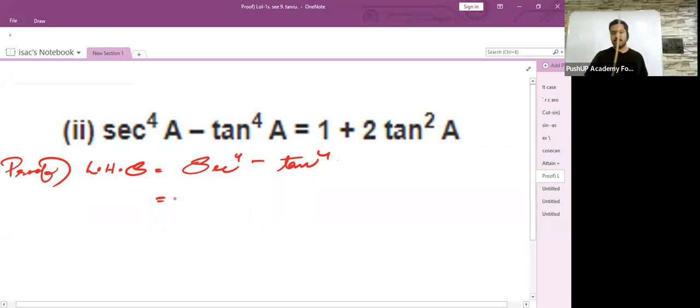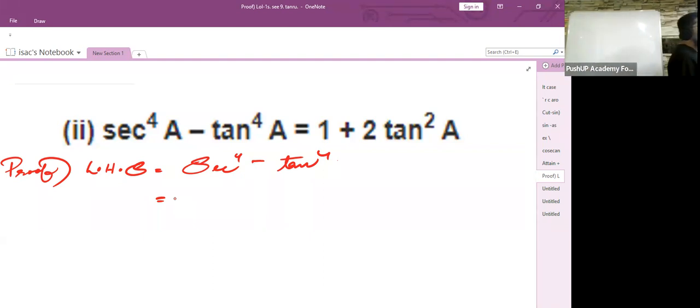Sec square minus tan square, the whole square. So, sec raised to 4 minus tan raised to 4. How can we factorize it?